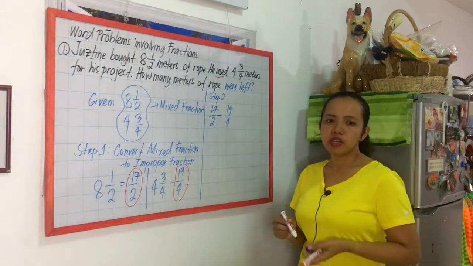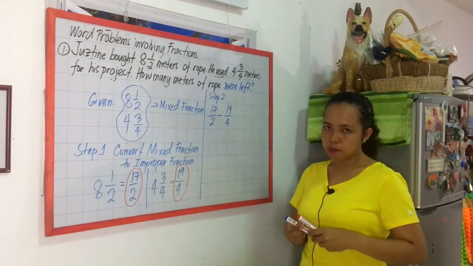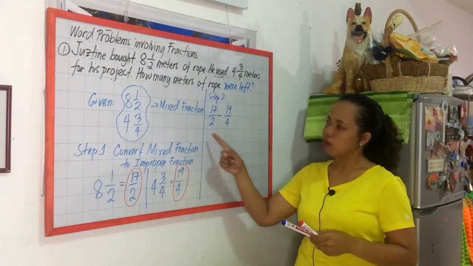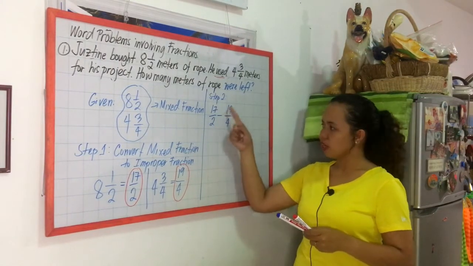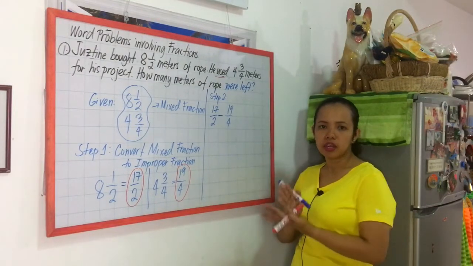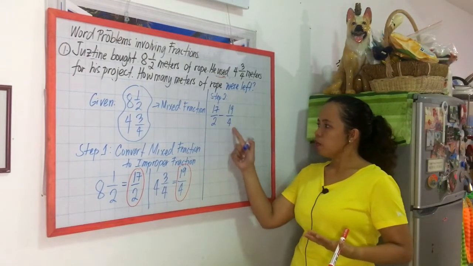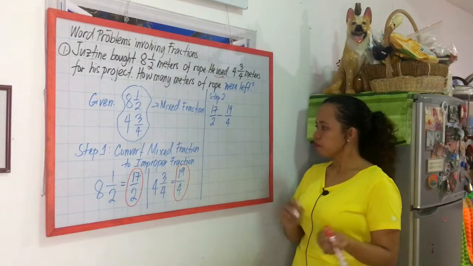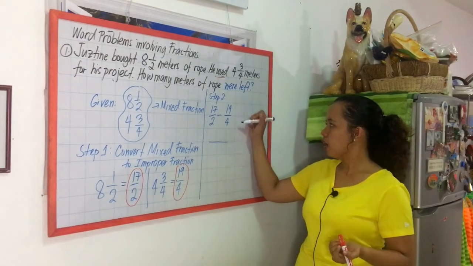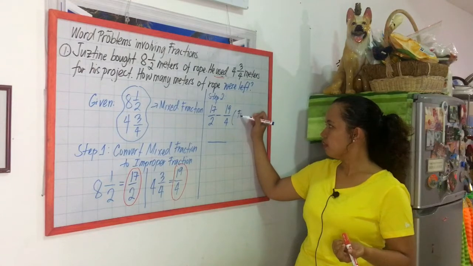To subtract fractions class, kailangan pareho yung denominator. Now, how can we make it the same? The first one, we have 2. The second one, we have 4. So, we cannot subtract directly. Kailangan muna natin itong gawing magkapareho. To make it the same, we need to find the LCD.